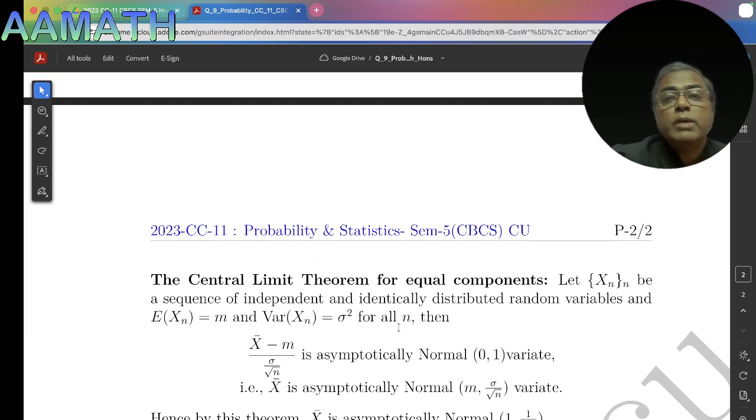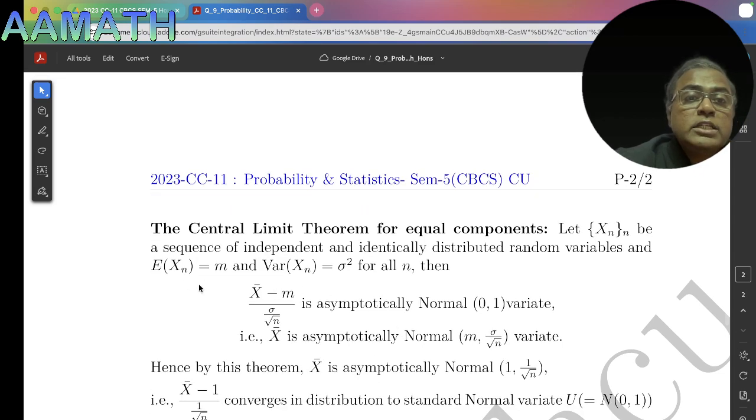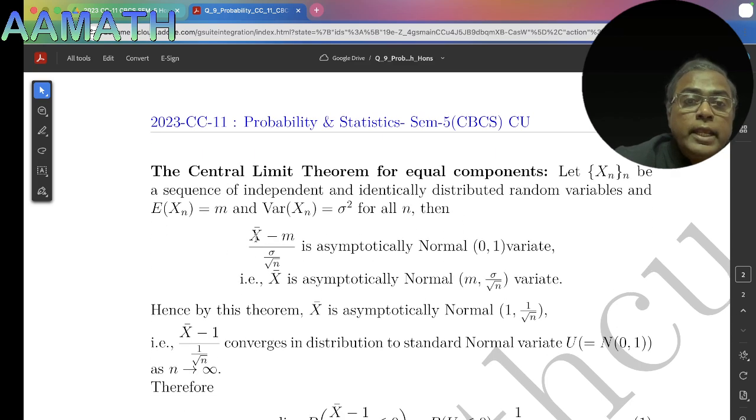Now the central limit theorem for equal components: let Xn be a sequence of independent and identically distributed random variables with expectation of Xn equal to m and variance of Xn equal to sigma square for all n. Then (X bar minus m) divided by sigma by root n is asymptotically normal 0-1 variate, meaning standard normal variate.